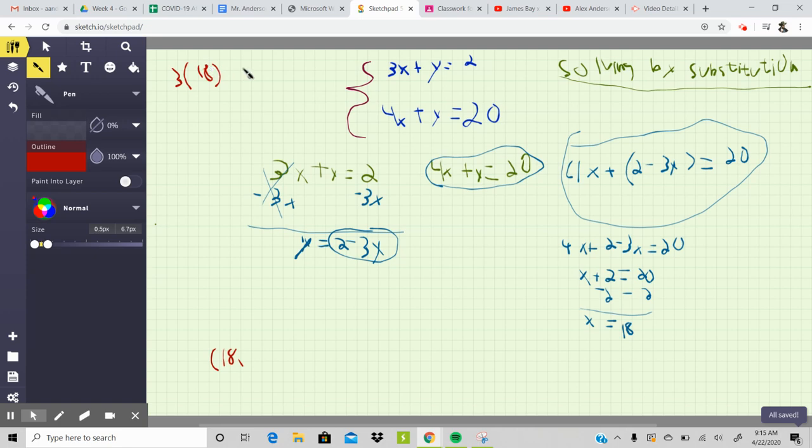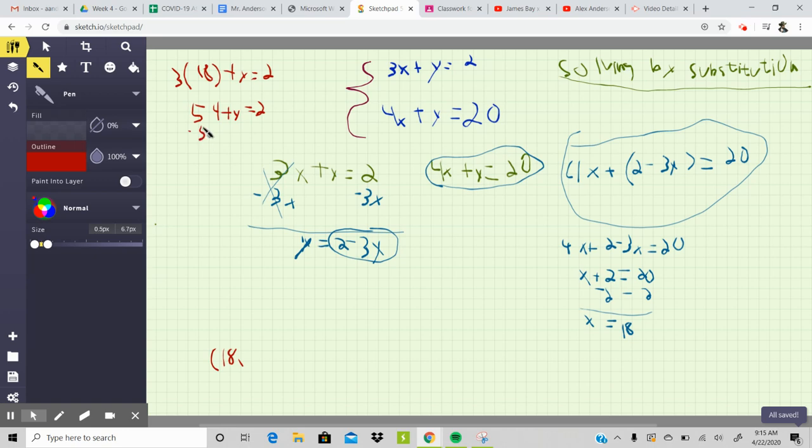Sorry, that's an 18 plus y equals 2. All right, then I have 3 times 18, and that would be 54 plus y equals 2.